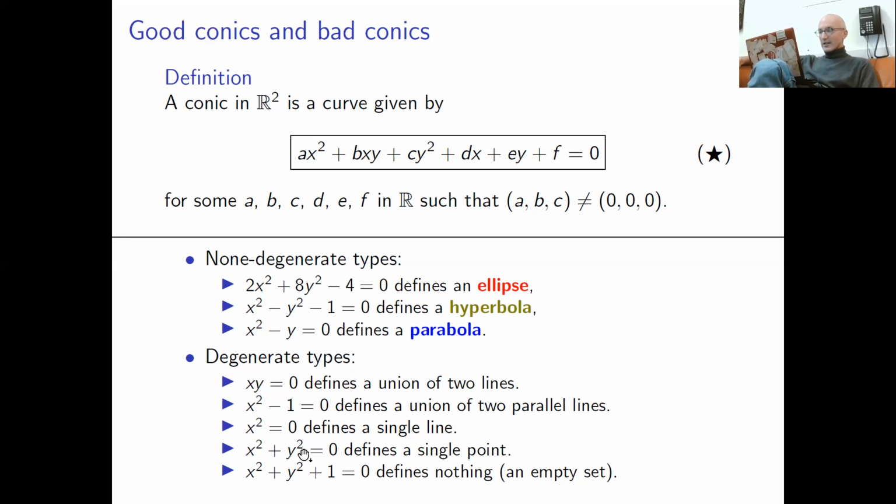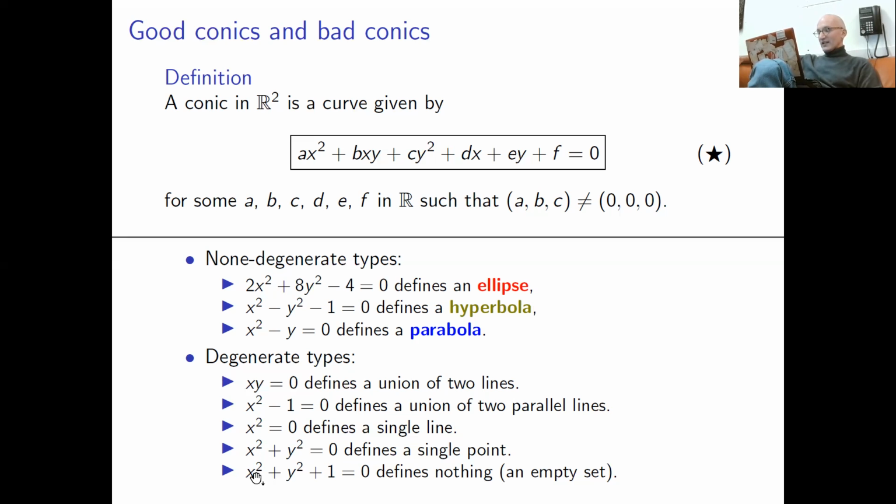So over complex numbers, this is a union of two complex conjugate lines, and complex conjugation changes the points on these lines such that the only real point is the intersection point of these two lines, (0, 0). But over real numbers, this is just a point.